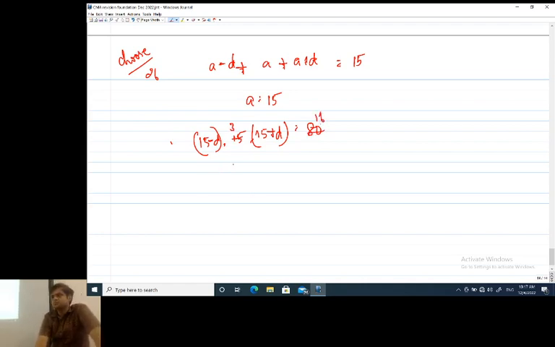15 plus D into 15 minus D, A squared minus B squared. So 225 minus D squared into 3 is equal to 16. So open up the bracket. What do you get? 225 into 3 எவ்வளோ? 675.